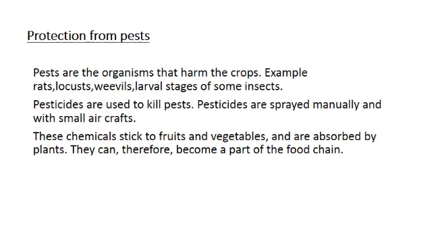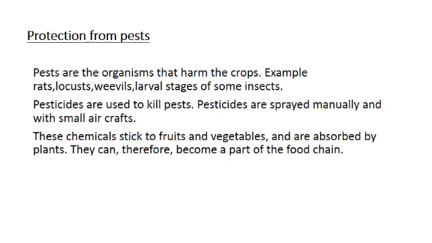There are some organisms that specifically attack and damage the crops. These organisms are known as pests. Example, rats, locusts, weevils, larval stages of some insects. These pests can be killed by spraying pesticides.